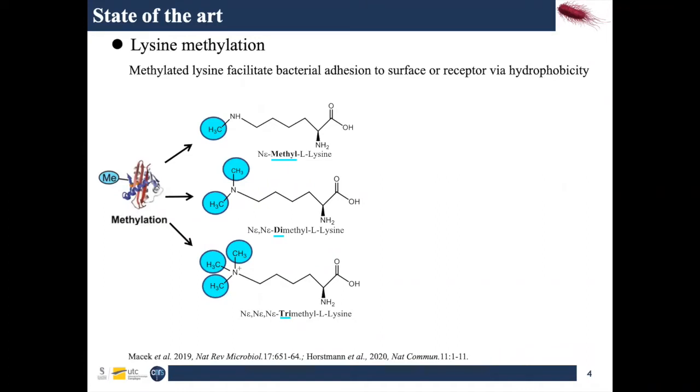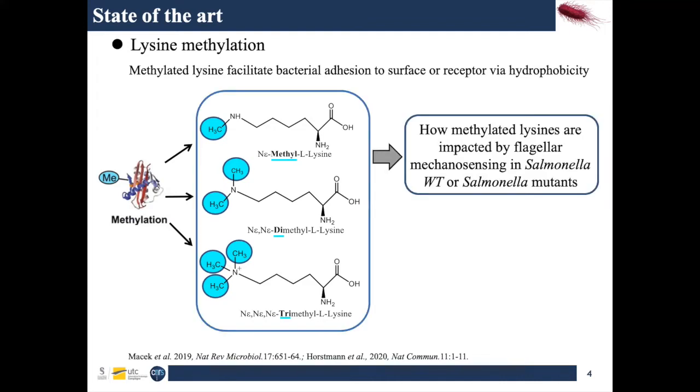As we can see, the structures of methylysine are mono-, di-, and tri-methyllysine, the three forms of methylysine. So they could work as a methylated target for us to study methylysine and to identify how methylysines are impacted by flagella mechanism in wild type Salmonella and its mutants.